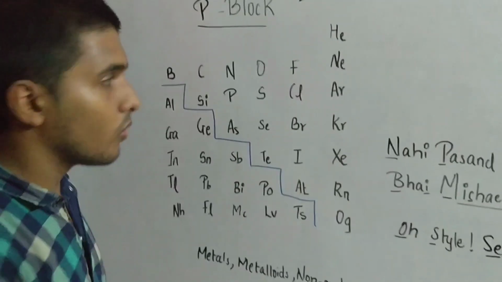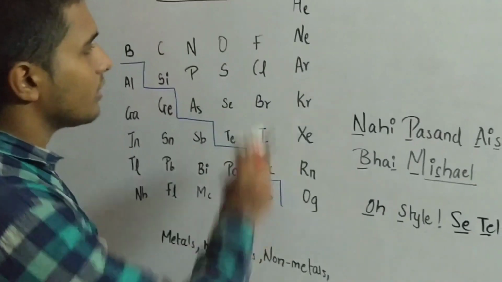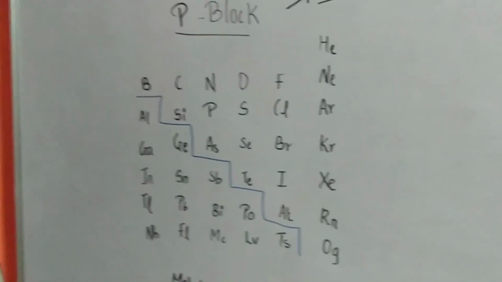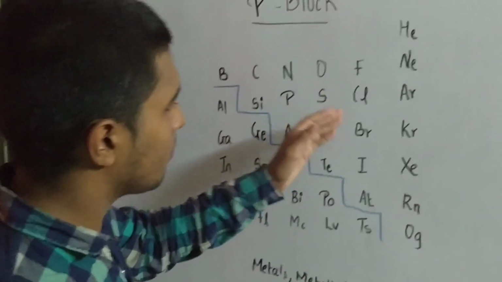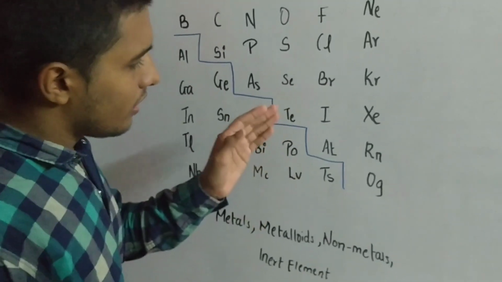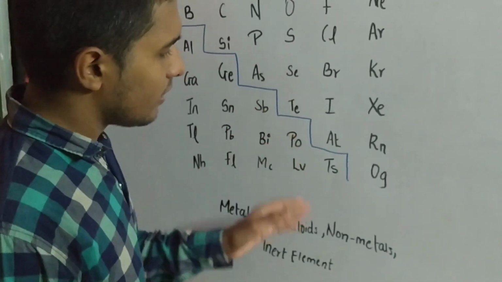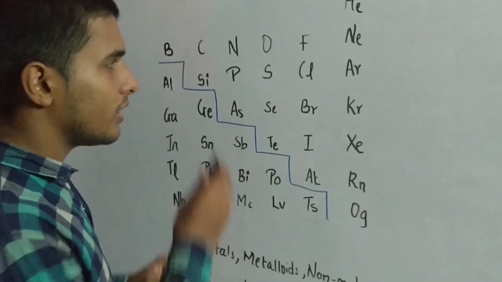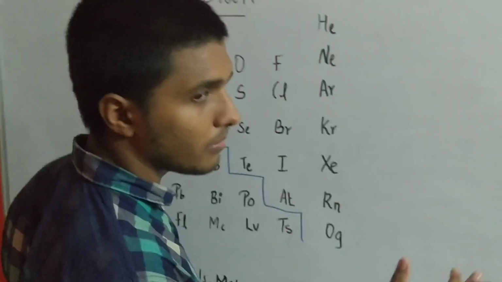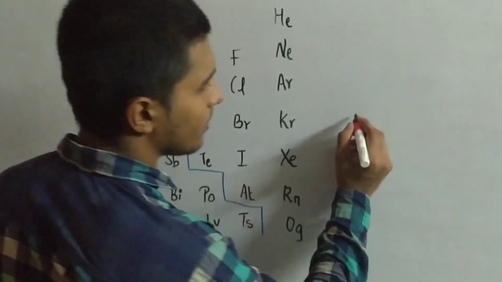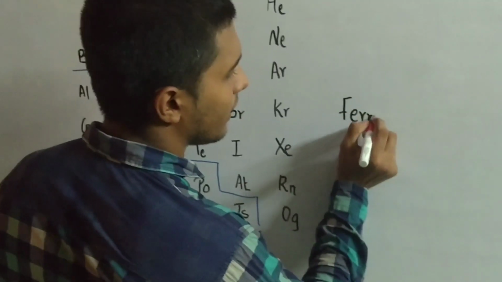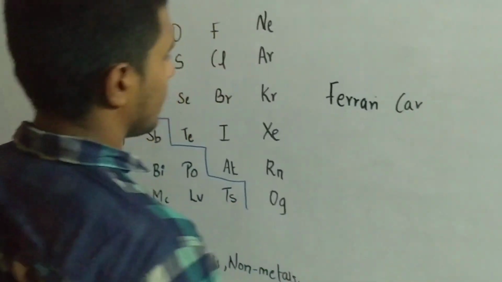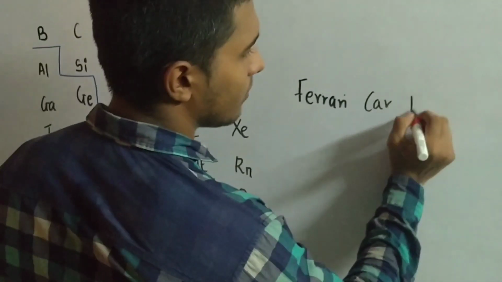Next we'll go to both halogen and inert elements. The next group is the halogen group, which starts with fluorine, chlorine, bromine, iodine, and the last two, astatine and tennessine. So for the line for this particular group, the halogen family, F is Ferrari, which is a car. Br for breakdown.